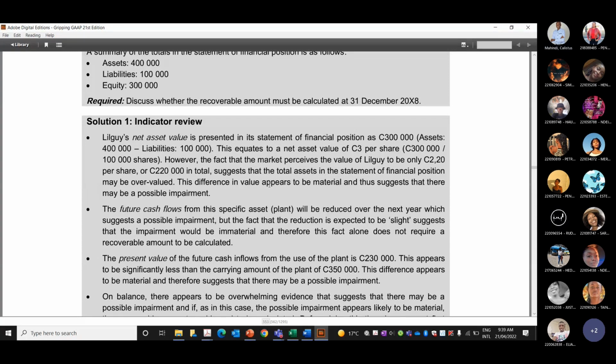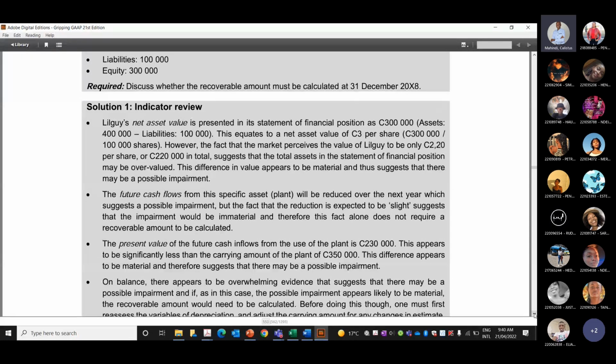But before we can actually assess whether those impairment indicators indicate that there is an impairment, we have to reassess the variables of depreciation. The variables of depreciation are things like the useful life and the depreciation method. So let us just read bullet 4.